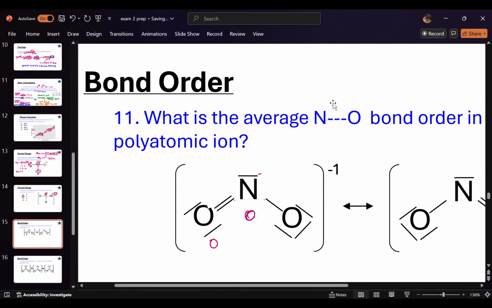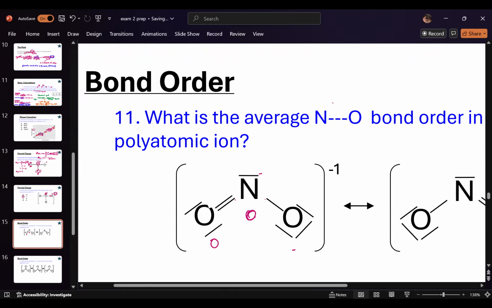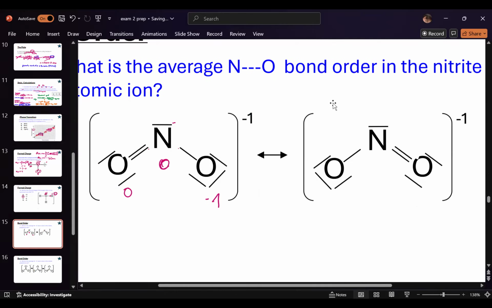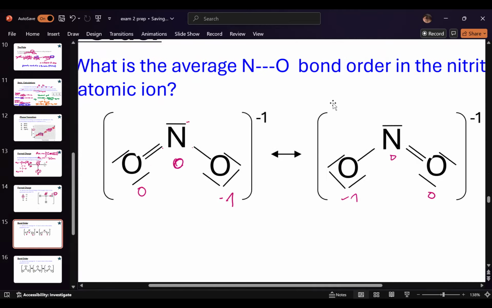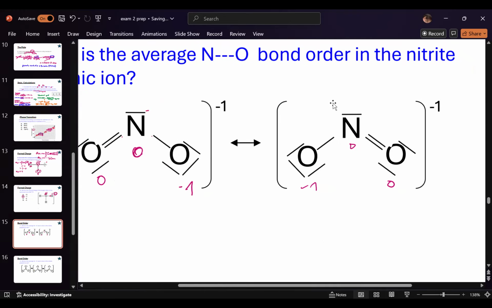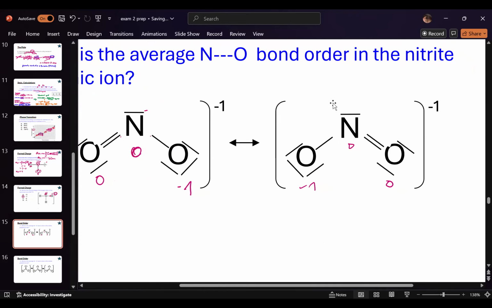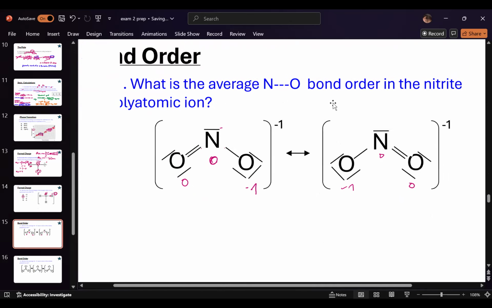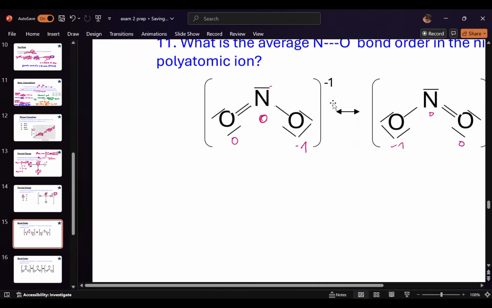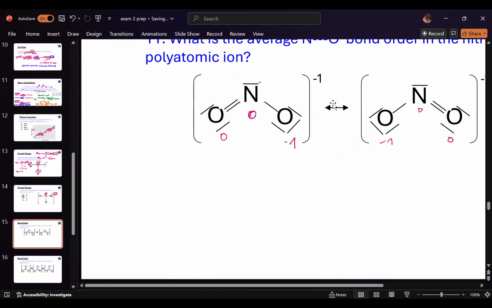Let me write negative 1. 0, negative 1, and 0. Now, the formal charges are literally the same on both sides, so it doesn't really matter. Both structures are relevant.